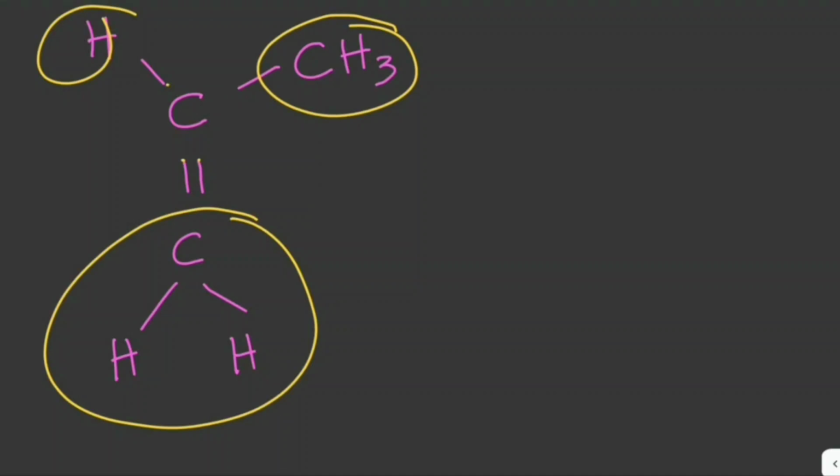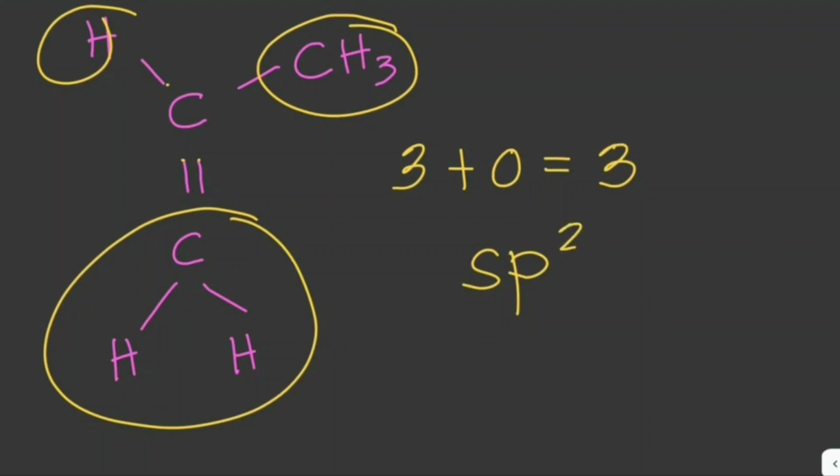So the sum for this carbon is 3. That's the number of atoms attached to it, plus 0 lone pairs, and that would equal 3. Therefore, the hybridization of this is sp2.